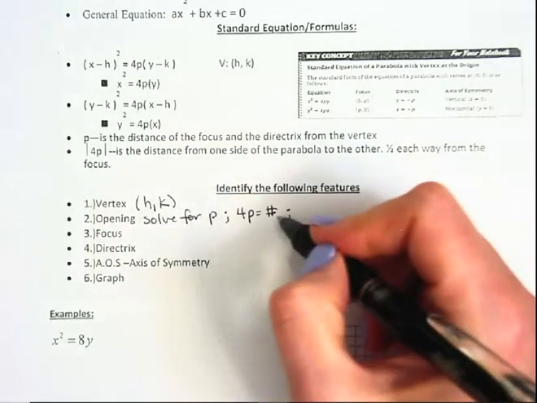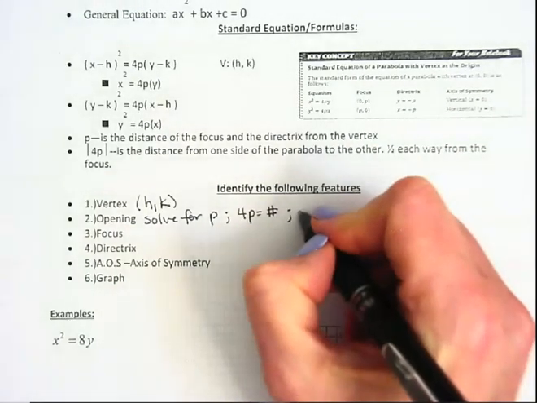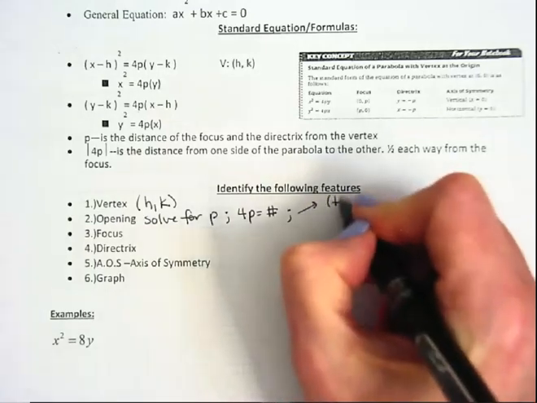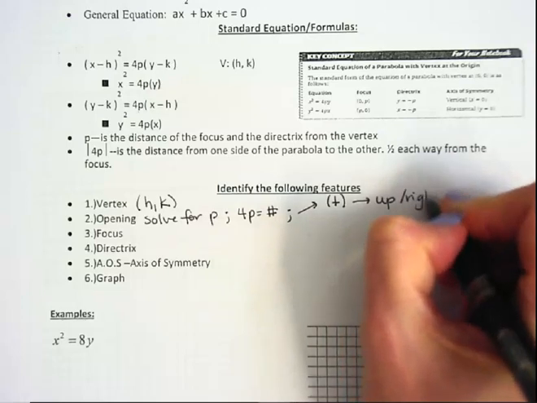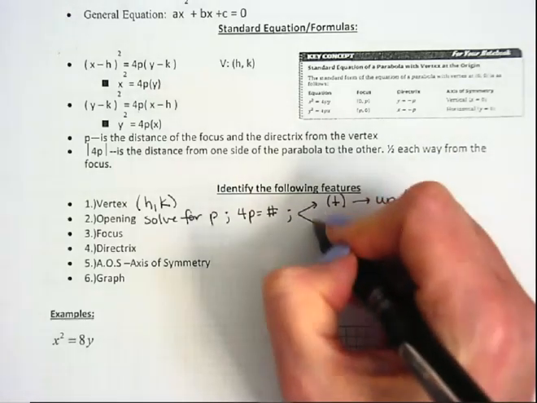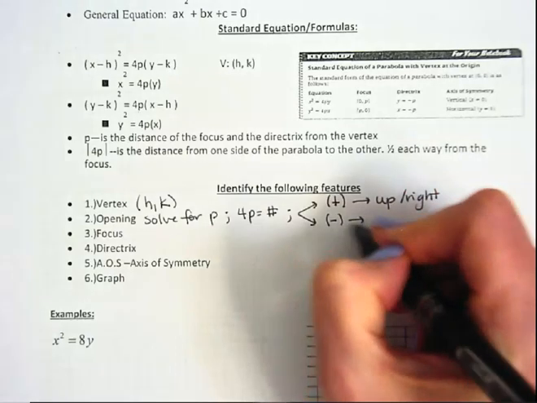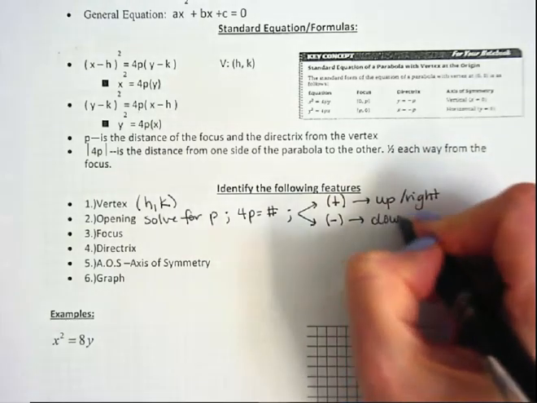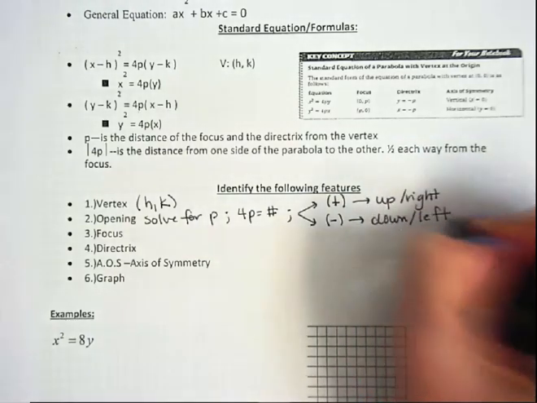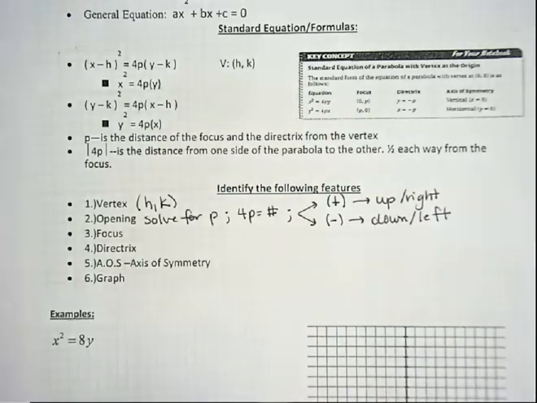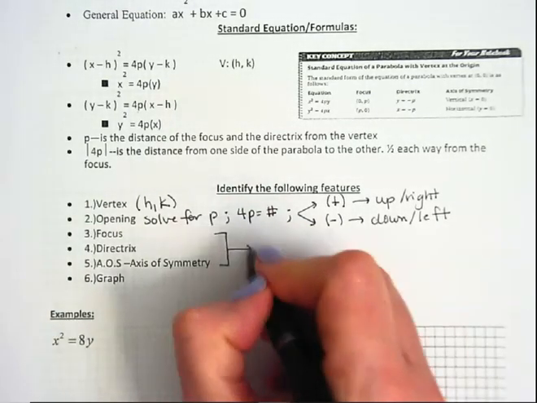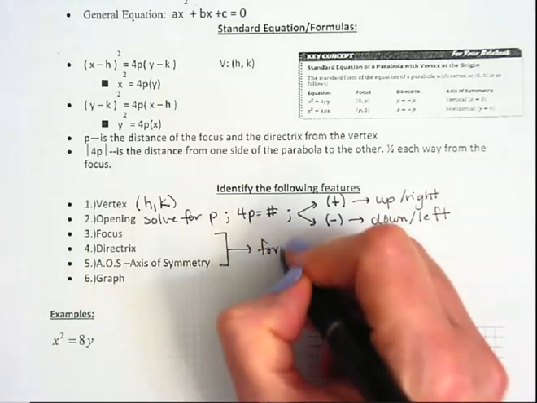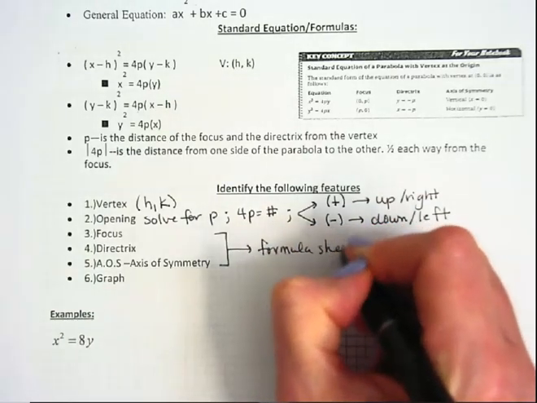And whatever value you get for P, if it gives you a positive value, your graph is opening up or to the right, depending if it's a vertical or horizontal orientation. And if you get a negative value, it's going to be going down or left, again, depending on if it's vertical or horizontal orientation. For focus, directrix, and axis of symmetry, we're going to be referring to your formula sheet.